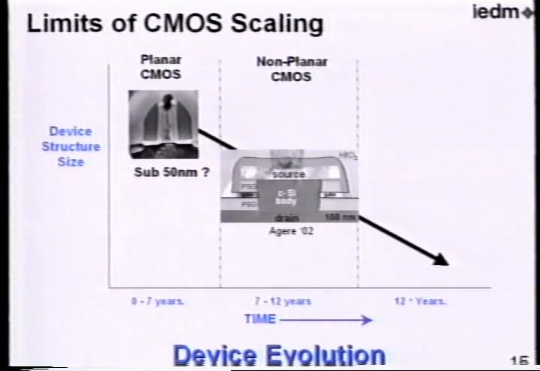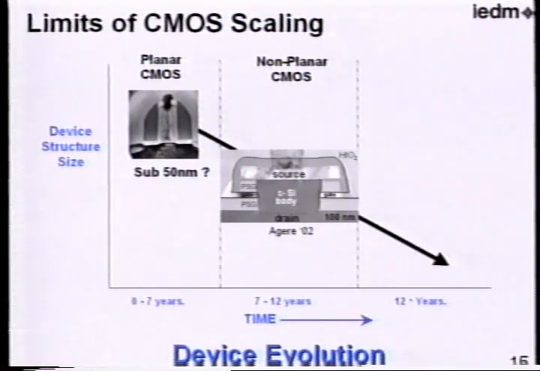And this has been termed, at least the term we've used, non-planar CMOS. And this is in the area of using some type of a double gate process, potentially vertical. There's various kinds of non-planar devices being proposed, and we'll look at those in a little bit.